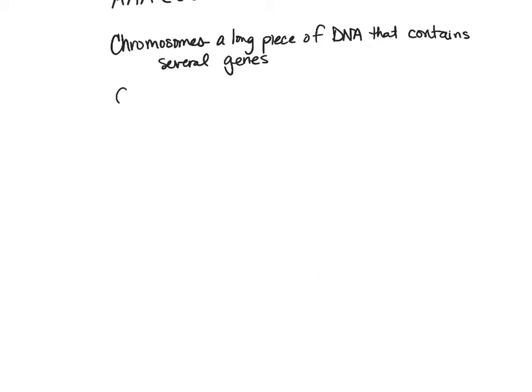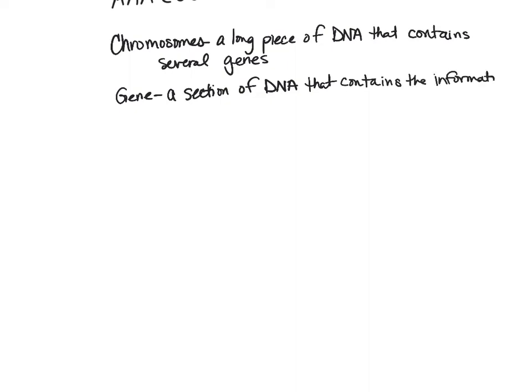So what's a gene? A gene is a section of DNA that contains the information for a single protein. A section of DNA that contains the information for one protein.